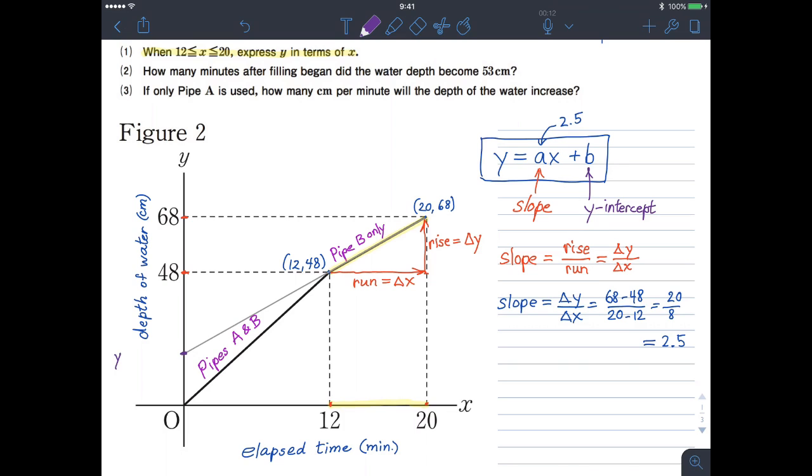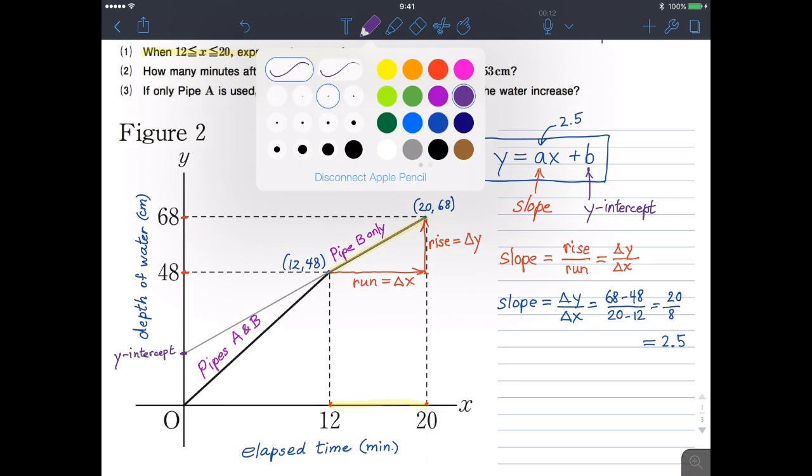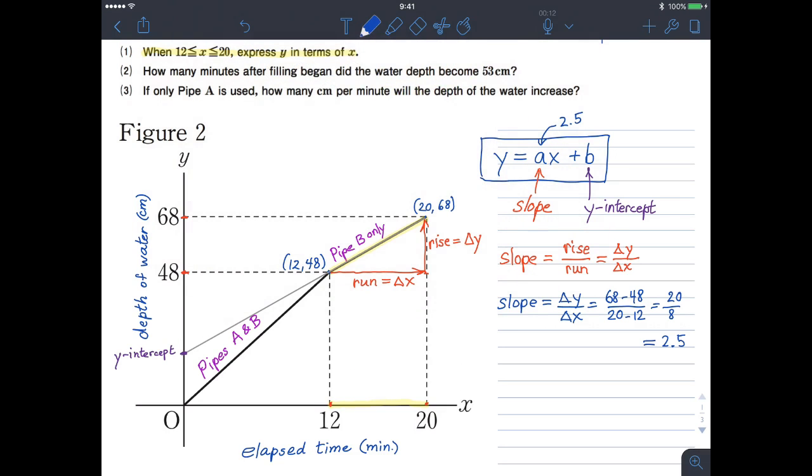And that is the y-intercept. So we need to find that value in this case. The way we can do that is simply substitute the values of x and y at this point. We'll just choose that point, (12, 48).